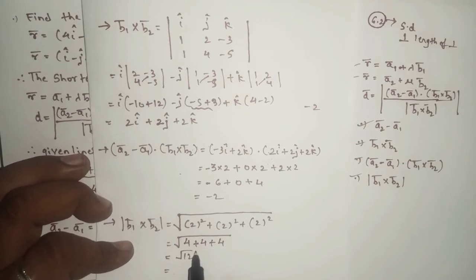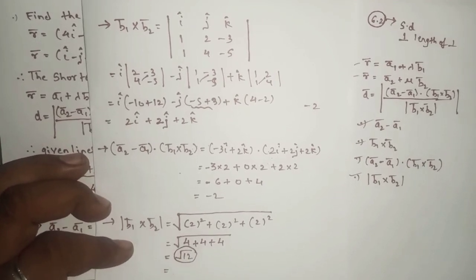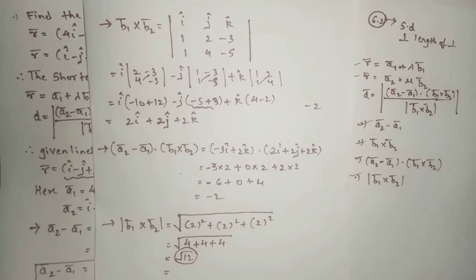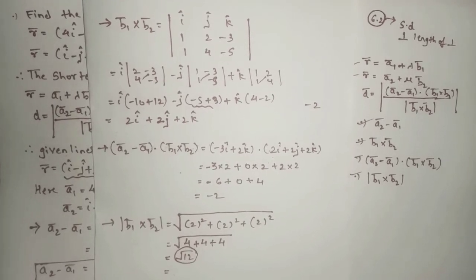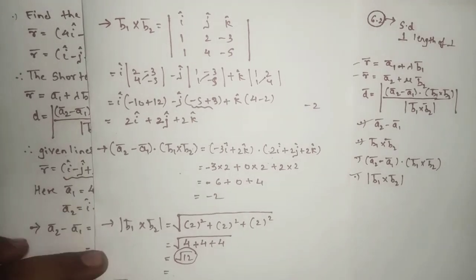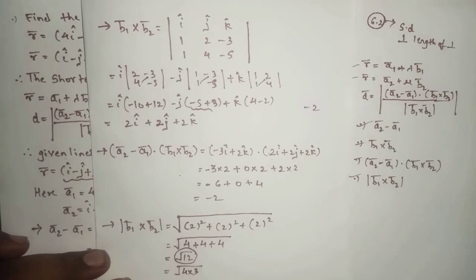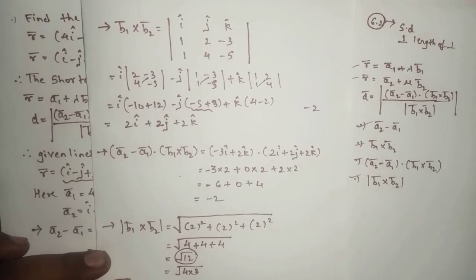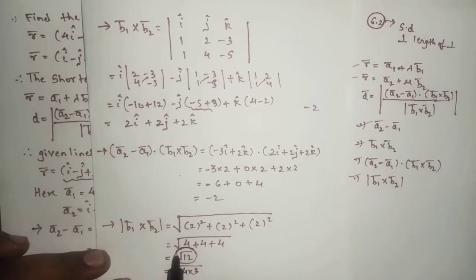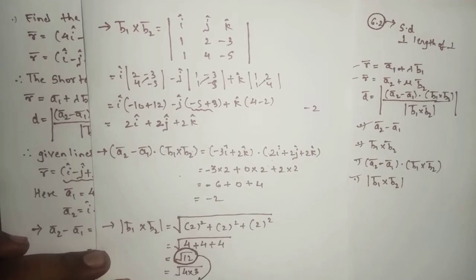I hope you all know that root 12 is an imperfect square, and it is a pure surd also. When you convert this root 12 into a mixed surd, the answer will be 4 threes are 12, so the final answer will be 2 root 3. If you are able to convert a pure surd into a mixed surd, it is compulsory that you convert the answer.